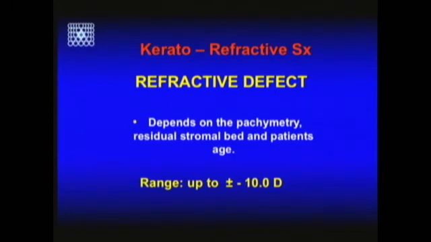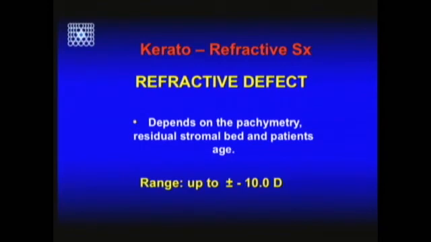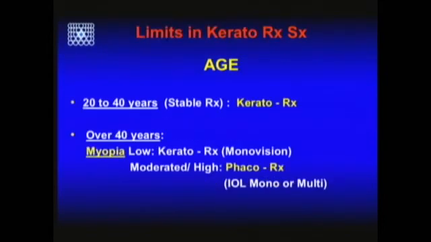The limits of the keratorefractive surgery will depend on the pachymetry and the residual stromal bed and the patient's age, and maybe up to 10 diopters of myopia with LASIK. The age, between 20 and 40 years of age with a stable refraction, keratorefractive surgery.